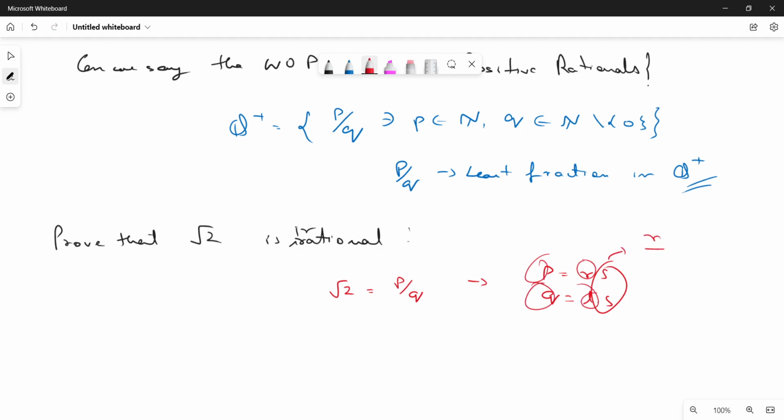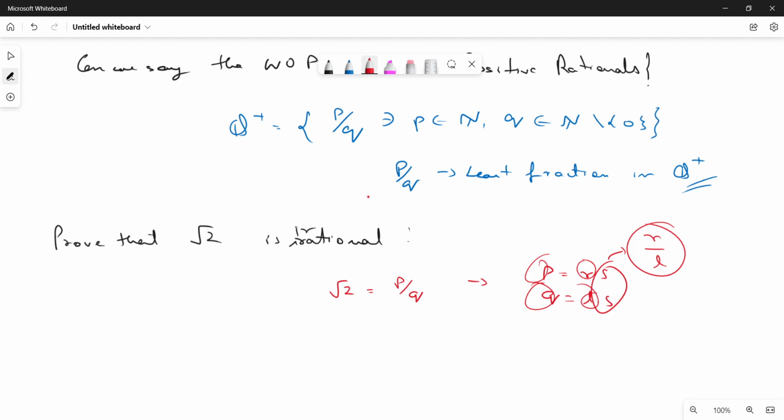And by the concept of division, R must be less than P, L must be less than Q. So P over Q can be reduced to R over L, and R over L is a lesser fraction than P over Q. So our initial assumption that P over Q is the least possible fractional representation of root 2 is not true. We reach a contradiction and we say root 2 cannot be rational, therefore root 2 must be an irrational number.